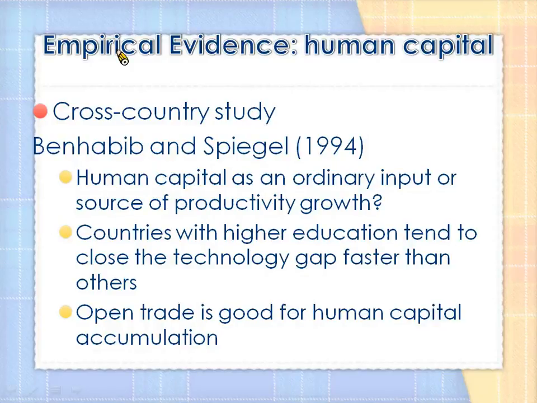Their major findings from that kind of analysis: they find that human capital is the ordinary input or source of productivity growth. Countries with higher education tend to close the technology gap faster than others. And also, open trade is good for human capital accumulation. Opening trade actually helps the accumulation of human capital, and it is conducive to economic development.